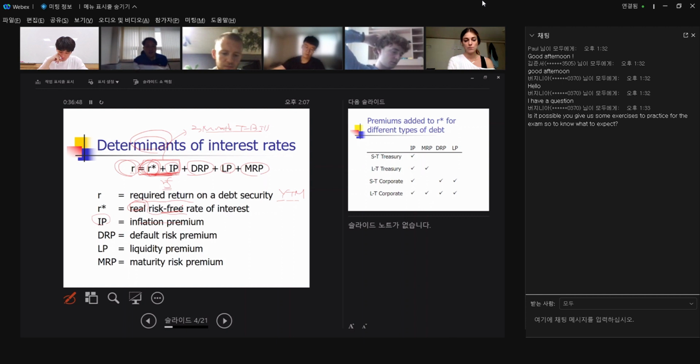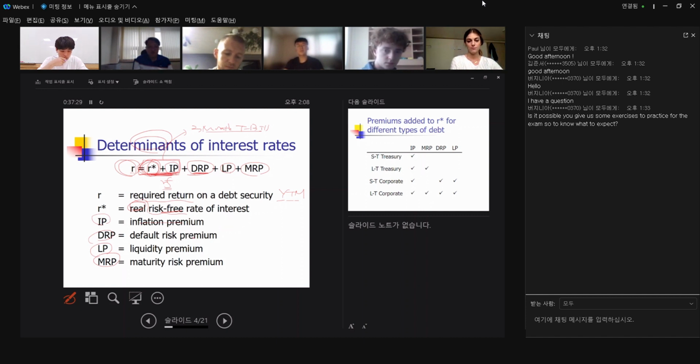Okay. And the DRP is the default risk premium. LP is the liquidity premium. MRP is the maturity risk premium. So default risk premium: we should ask for more return from a company whose credit rating is lower, right? If the company's credit rating is lower, which means what? The probability that the interest and principal are repaid is decreased.